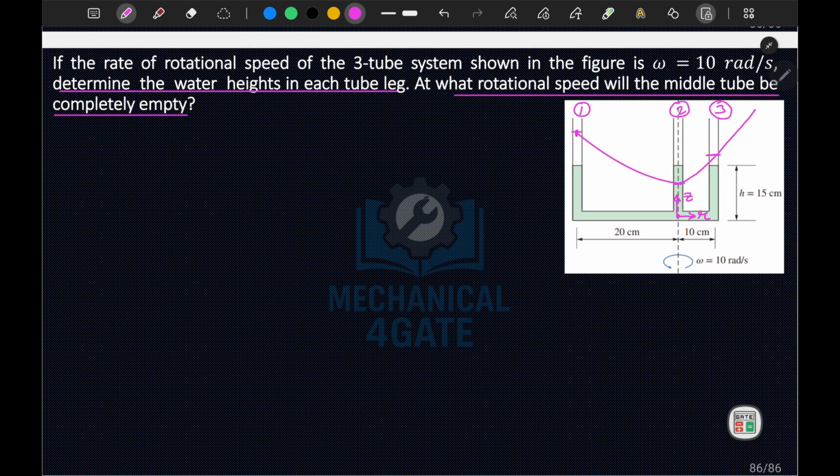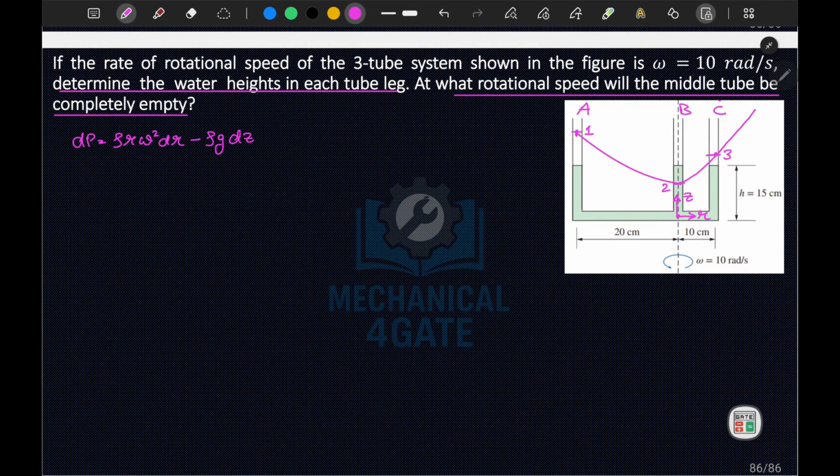So now we can write dp is equal to rho r omega square dr minus rho g dz. Let's say this is 0.1. Let's say this pipe is A, this leg is B, this leg is C. So this point is 1, this point here is 2, and this point is 3.